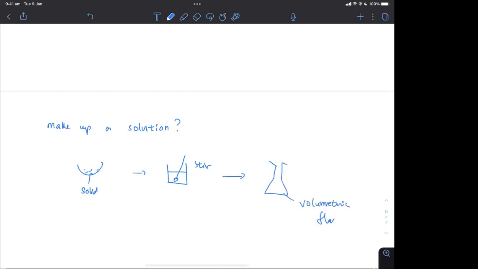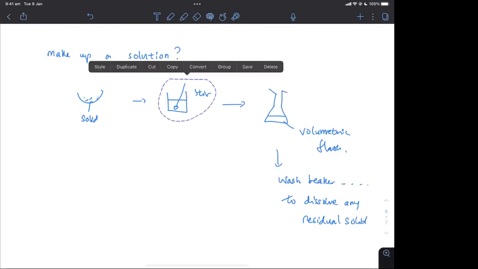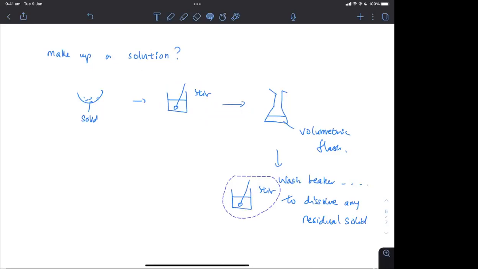When you pour into a volumetric flask, it is not full yet. What you do is you need to wash the beaker. The reason for washing the beaker is to dissolve any residual solid, because you might have some solid which was insoluble, and then you redissolve again in a small amount of water, and then you will combine the washing.